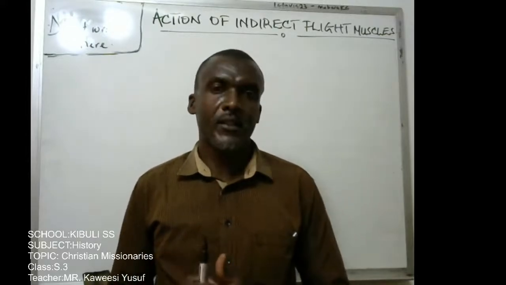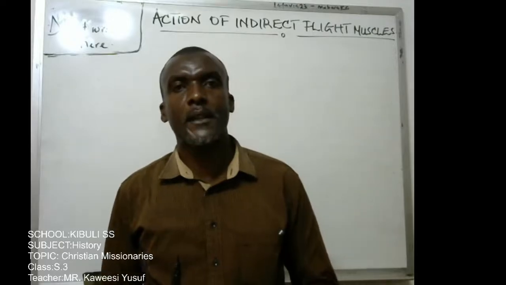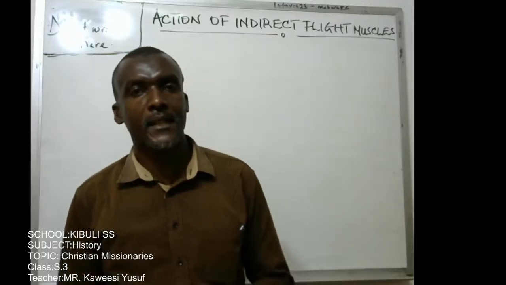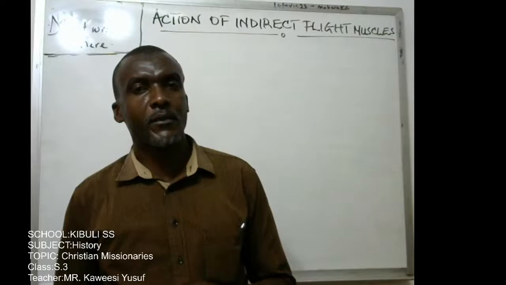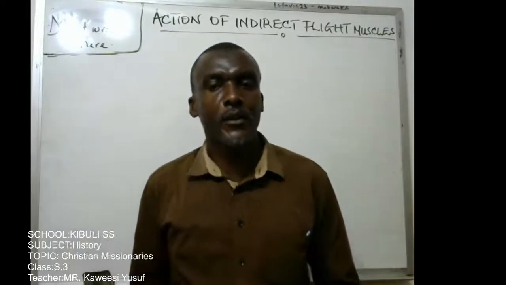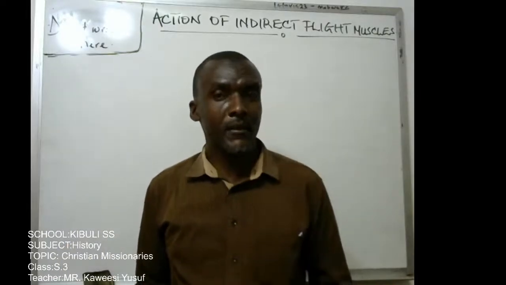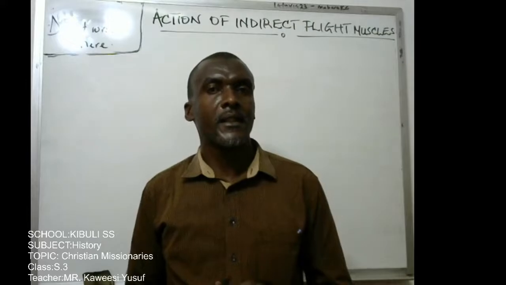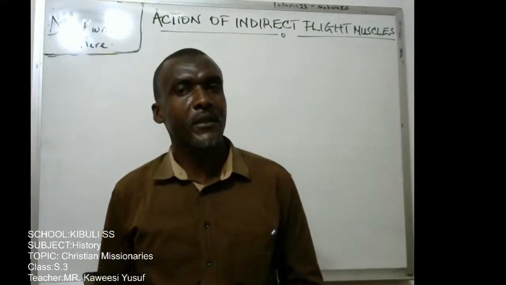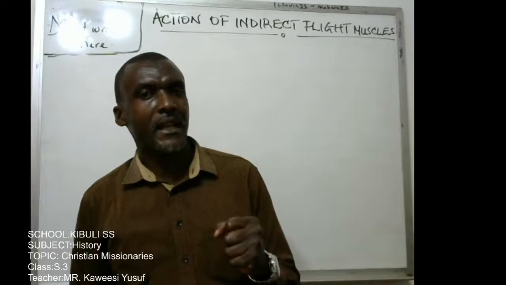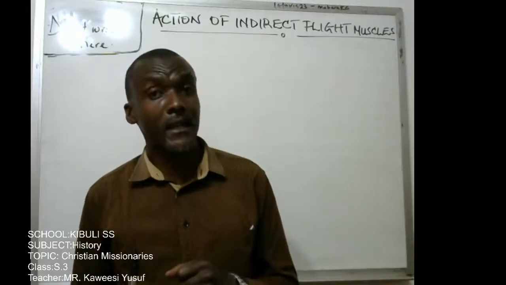I want us to continue with our discussion of flight in insects. The last bit we did was the action of the direct flight muscles, and we said direct flight muscles are attached at the base of the wings.